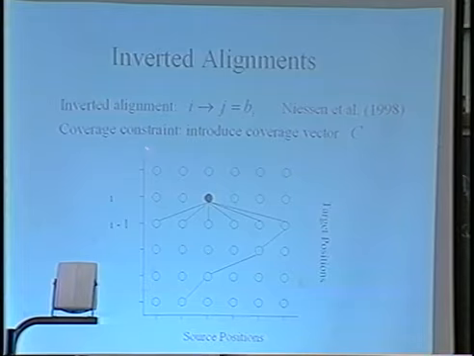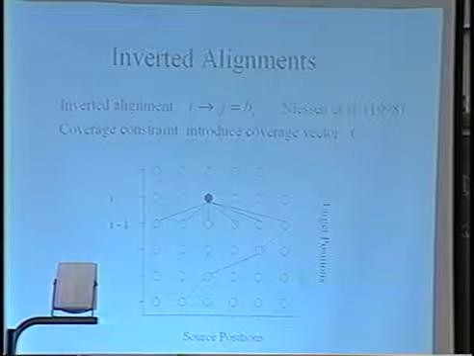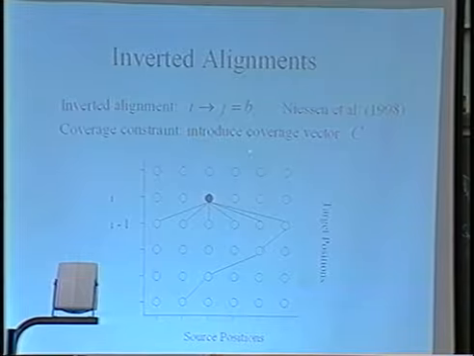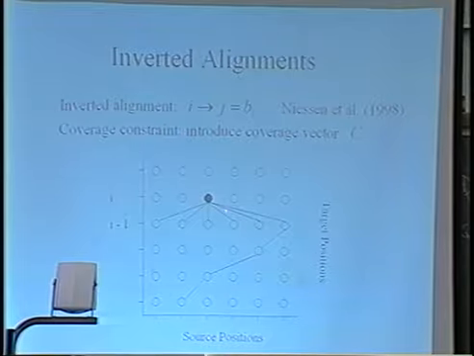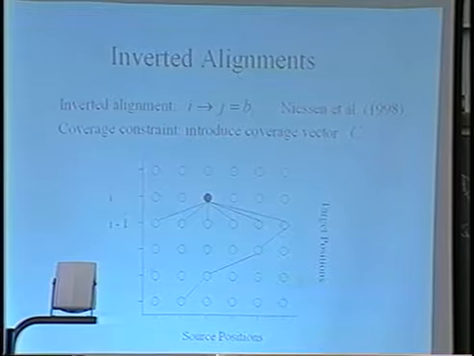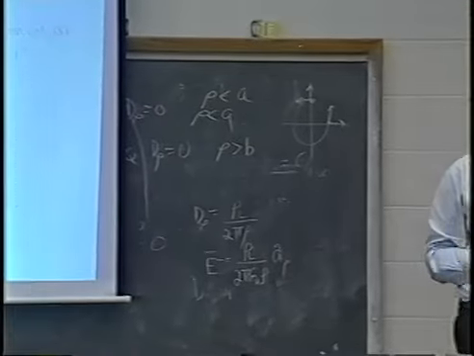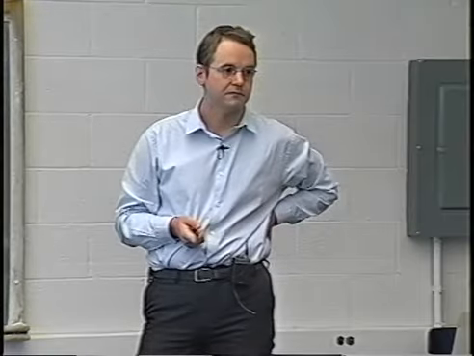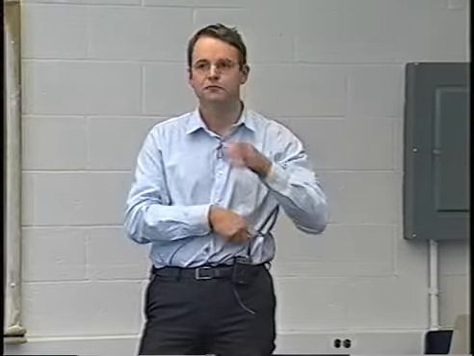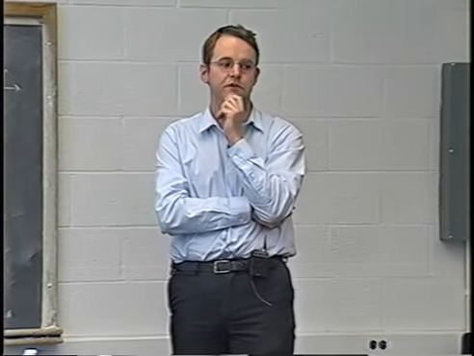Then we have to add an additional constraint, which is not in the alignment notion. We have to add the constraint that each source position is processed. So we have to account for all source positions in the input sentence. Do you mean processed, or that it has to be assigned to some target word? Processed. It might be assigned to the empty word.